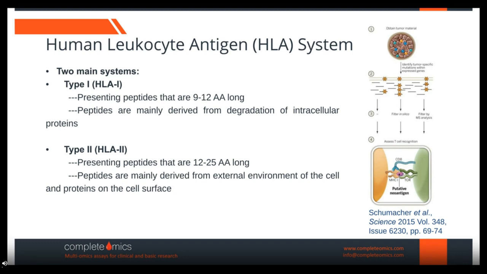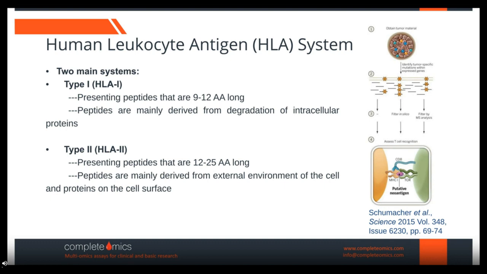So type 1 HLA corresponds to MHC class 1, and type 1 HLA presents peptides from inside the cell. For example, if the cell is infected by a virus, the HLA system brings the fragment of the virus to the surface of the cell so that the cell can be destroyed by the immune system.